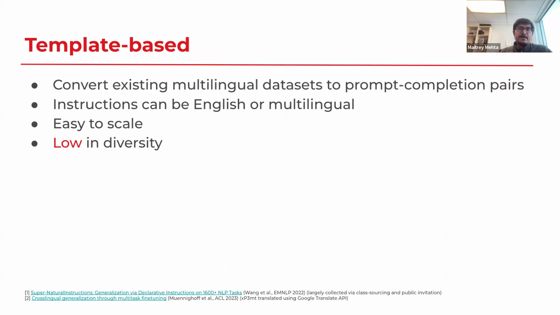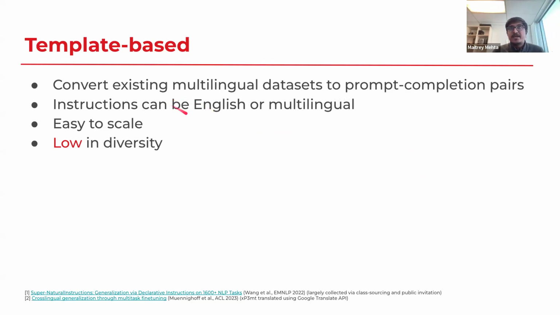And the reason why template-based instruction fine-tuning datasets are very popular is because, as I mentioned, there are these datasets that existed pre-LLMs, and we want to utilize them to make it easy to train for LLMs. So we have this data, we just want to convert it to a prompt-friendly format, so we just use instruction templates.